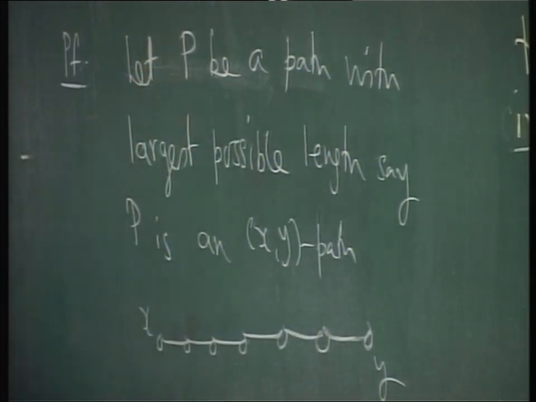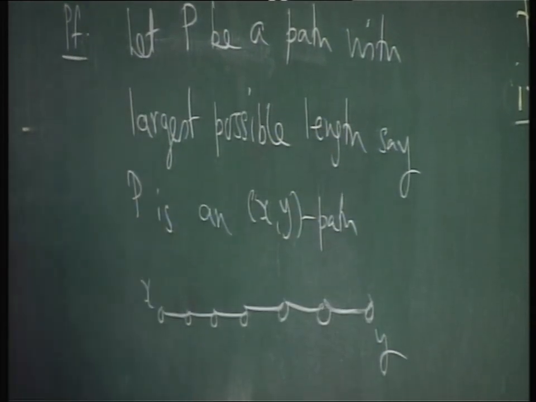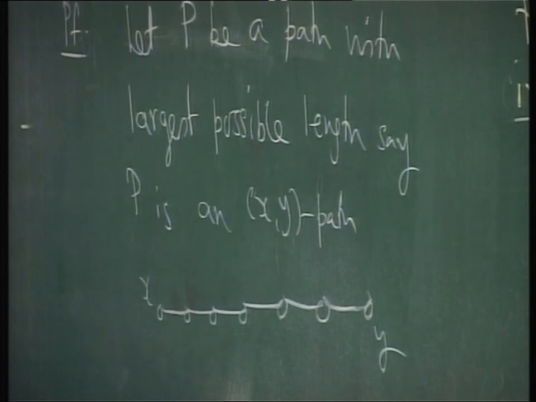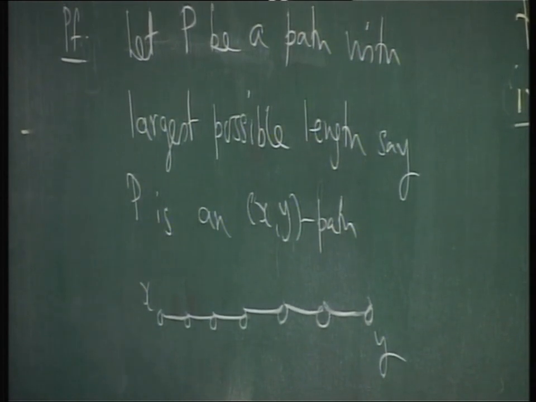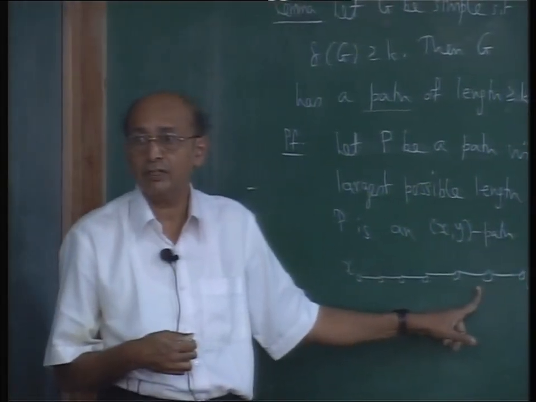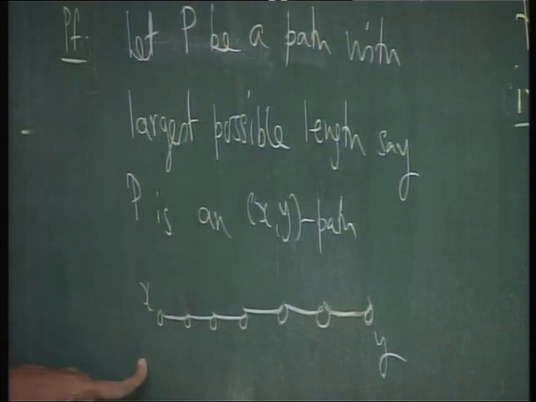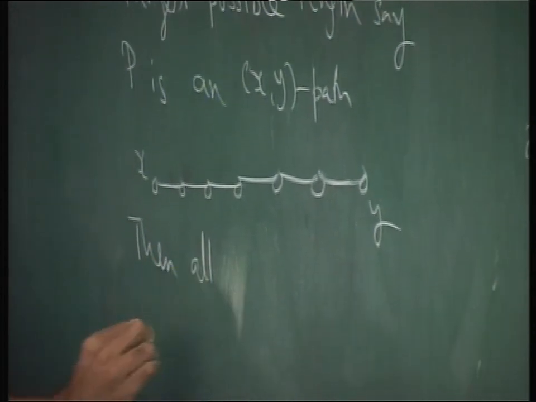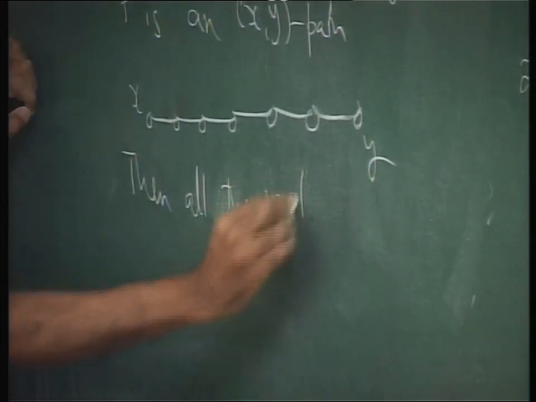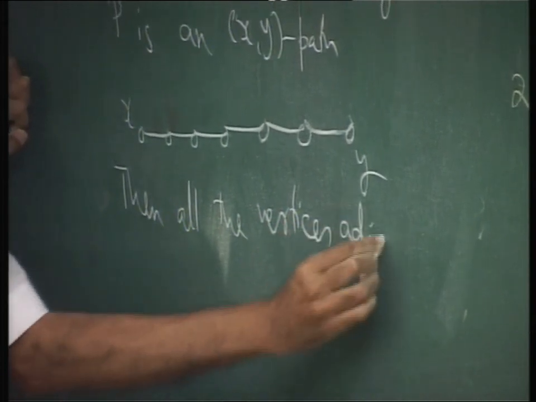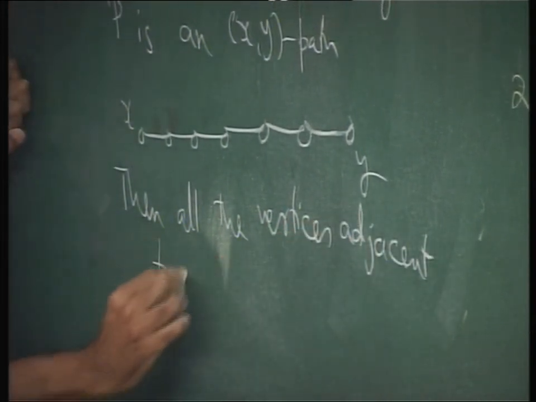Why did that happen? Why not one more? Because, no. So where are the vertices adjacent to y? There's only one vertex adjacent to y here. Where are the other vertices? They all should be here. Okay, they all must be here. All vertices adjacent to y are in P.